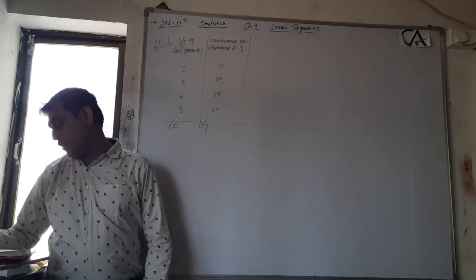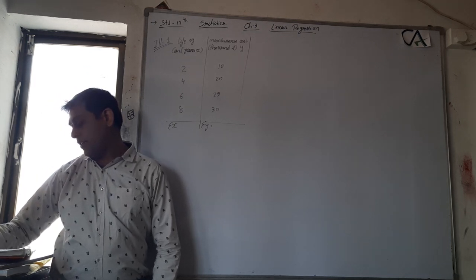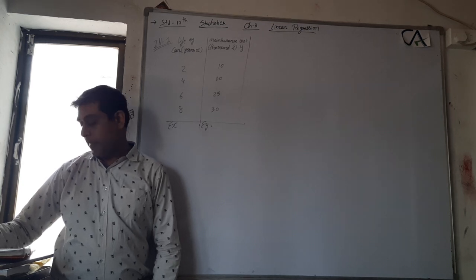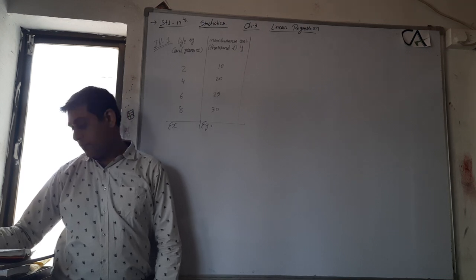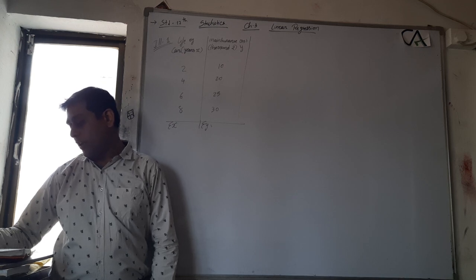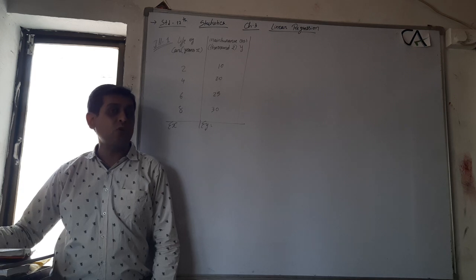The following observations are obtained for life years of usage of cars and their average annual maintenance cost of a specific model of car of a particular company. That is given 2, 4, 6, 8 as X, that is life of cars, and 10, 20, 25, 30, that is average annual maintenance cost in 1000 rupees.